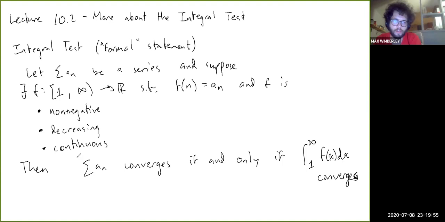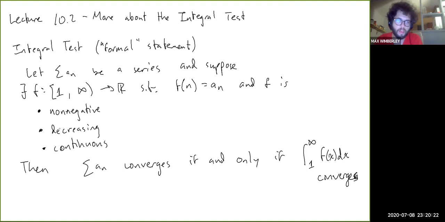If you keep the other two, it's actually not really possible for f to achieve negative values, maintain the other two properties, and still converge. But ignoring that for now, continuity is necessary because otherwise the values of f at x equals n could just be unrelated to all the other values of f.